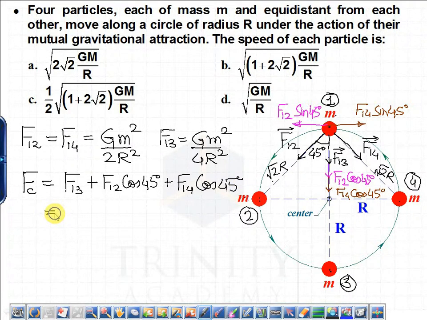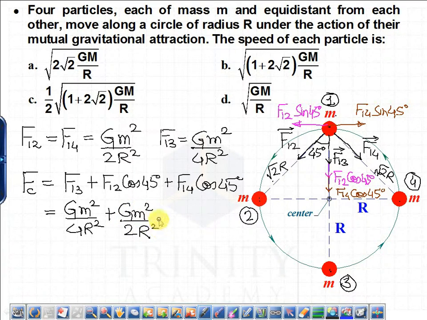That can be written as, for F13, Gm square by 4r square, plus for F12, Gm square by 2r square into cos 45, which is 1 by root 2, plus F14, which can be written in the same way because it would be exactly the same as F12: Gm square by 2r square into 1 by root 2.